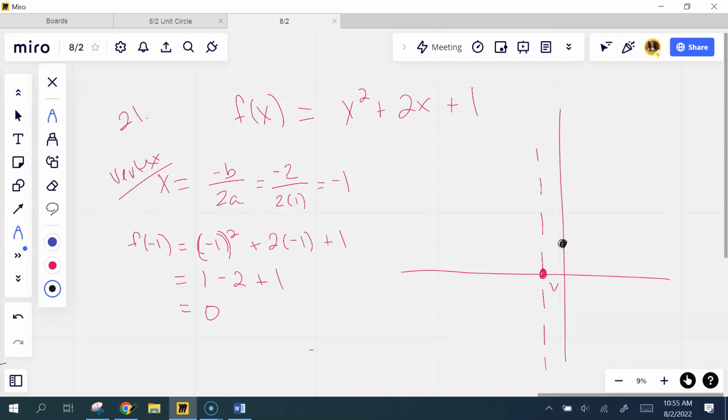Reflect and connect. Had 1 not worked, I could have picked one that was close to the vertex.